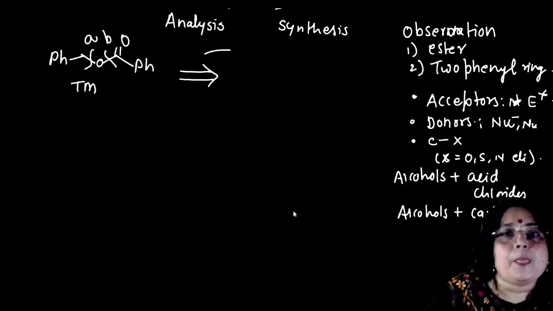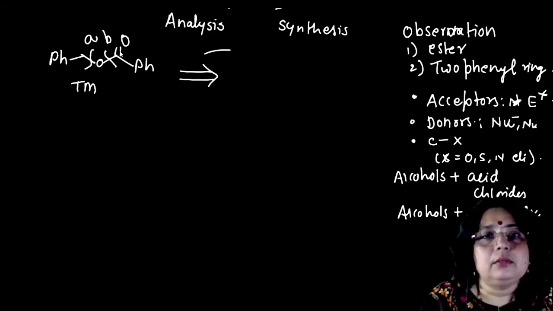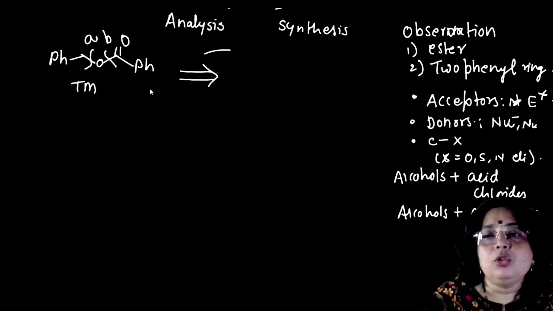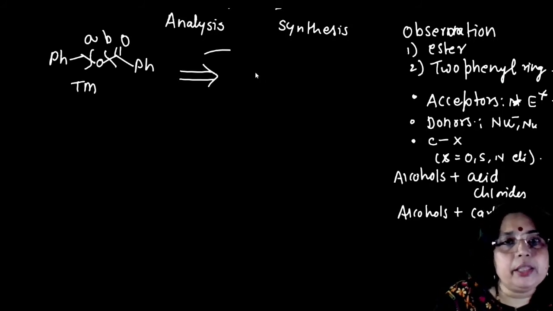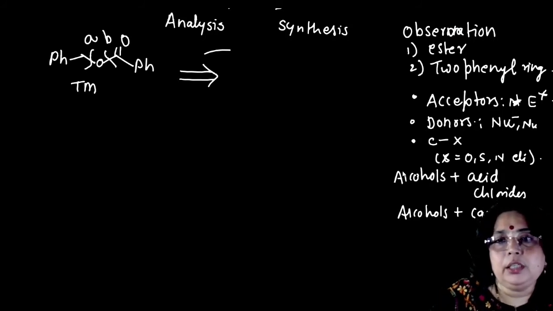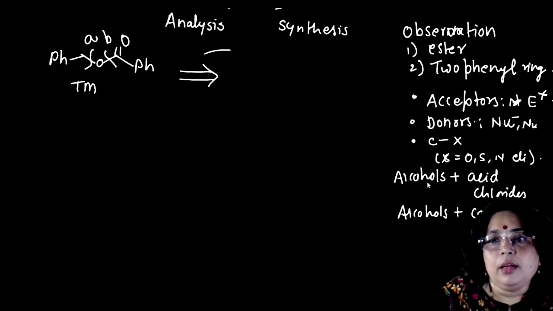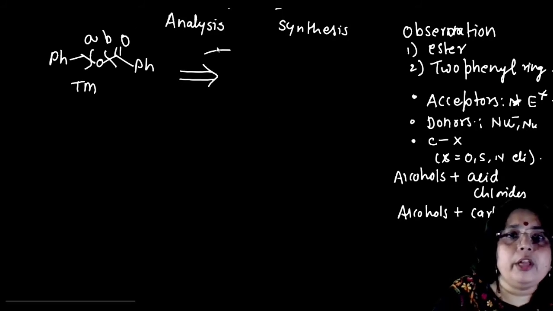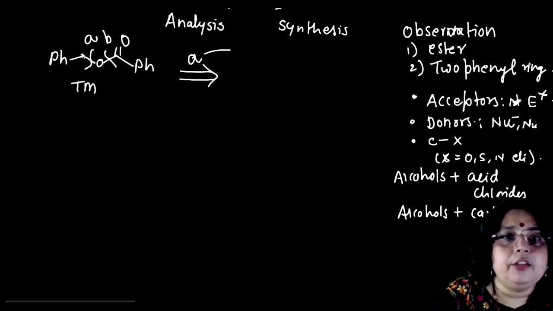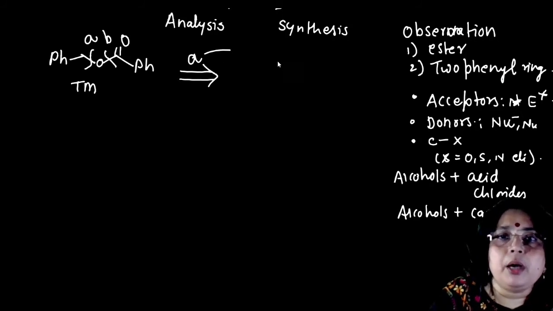All right. Now here we have the ester. So our next goal is to cut the molecule in such a way that we get the alcohol and acid chloride, or the alcohol and the carboxylic acid. So if I put a cut, if I follow path A, what are my fragments?